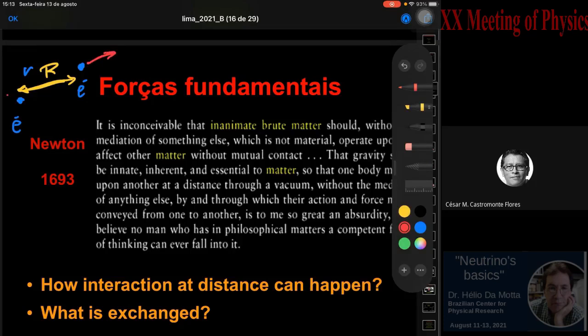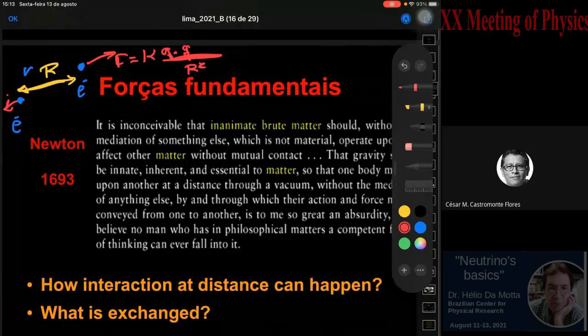The force has a constant k, and charges q1, q2. There will be a force between them that's just the product of the charges divided by the square of the distance.